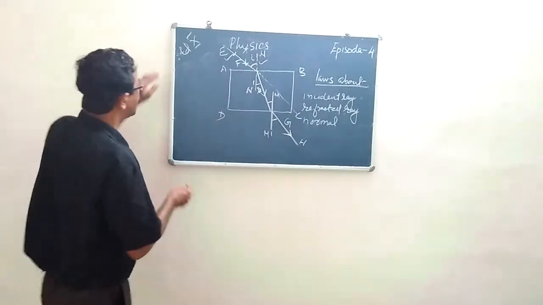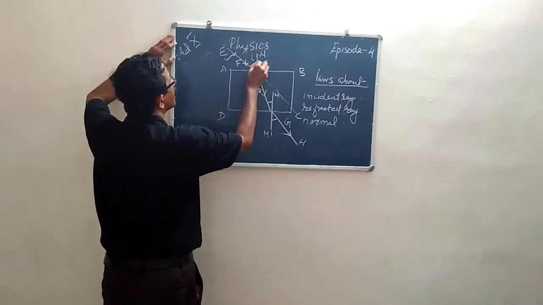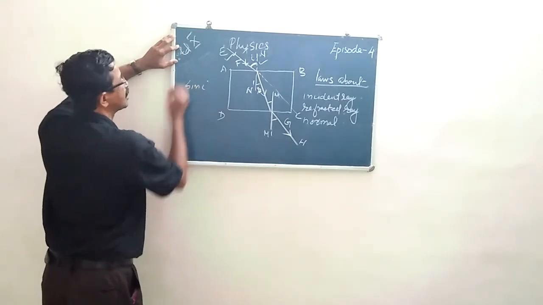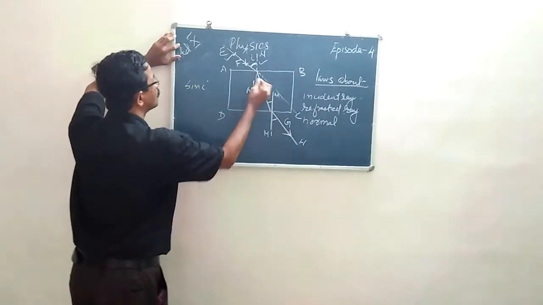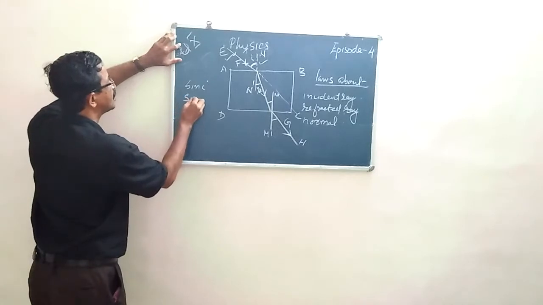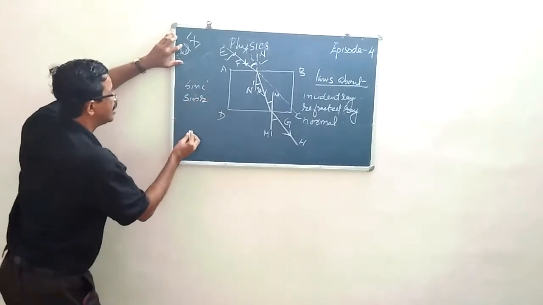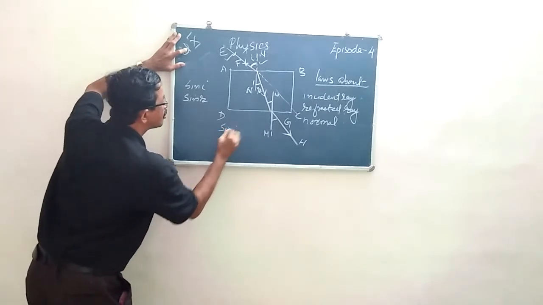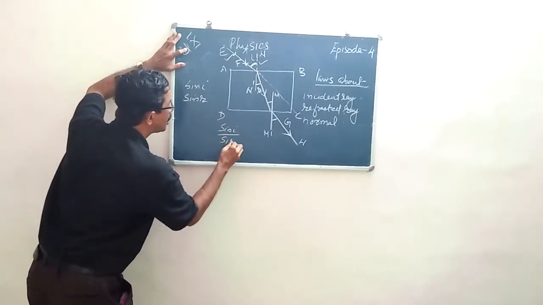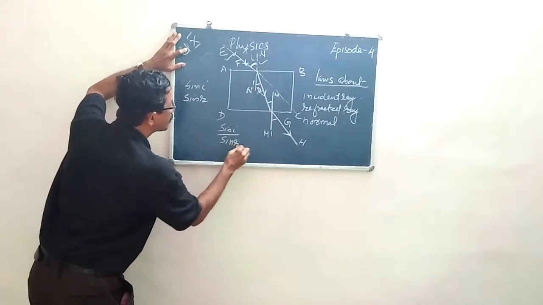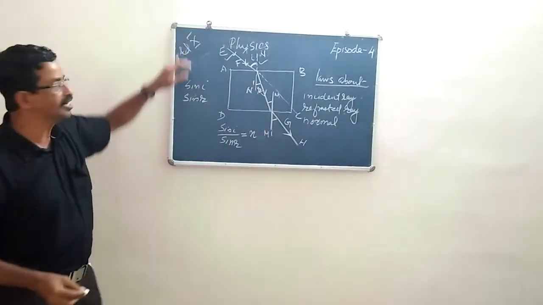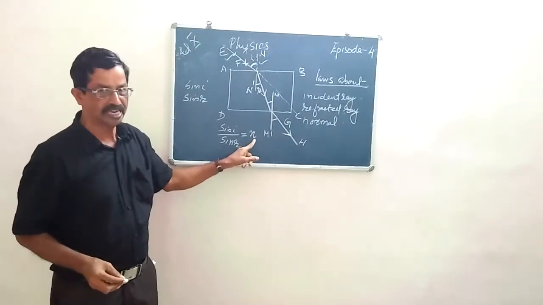The next one: this is the angle of incidence and its sine is sin i. This is the angle of refraction and its sine is sin r. Then this ratio, sin i by sin r, is equal to a constant and it is called the refractive index.